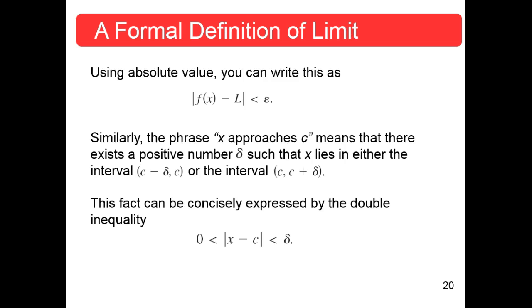But it's somewhere between c minus delta and c plus delta, getting closer and closer to c, because delta is a small positive number. Then you can say, again with absolute values, that x minus c is between 0 and delta, and up here, this is just less than epsilon.